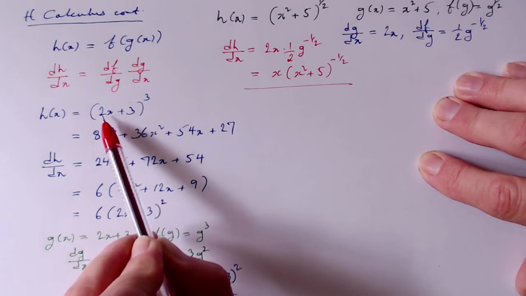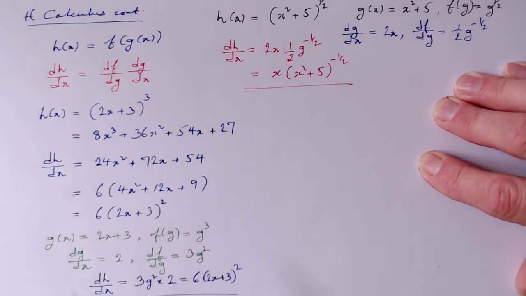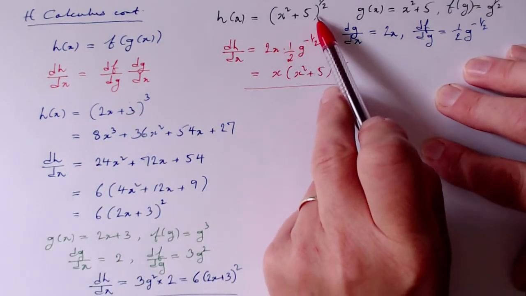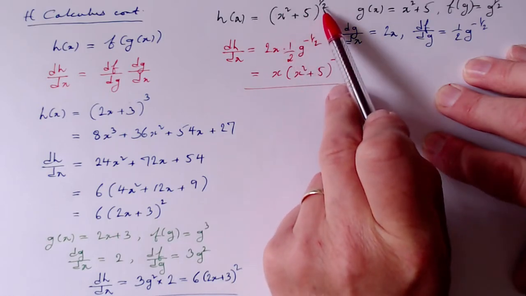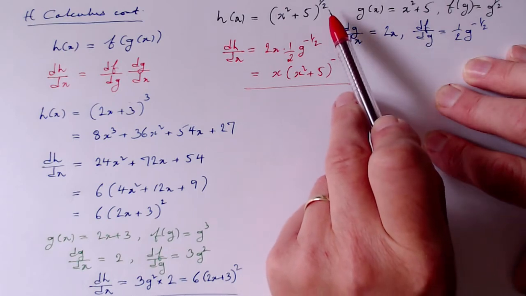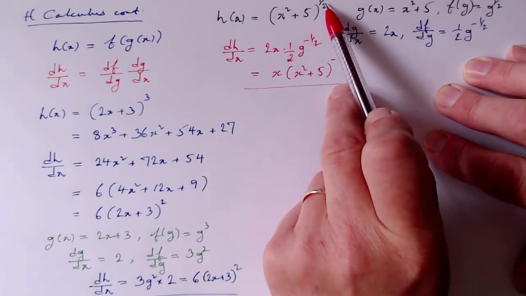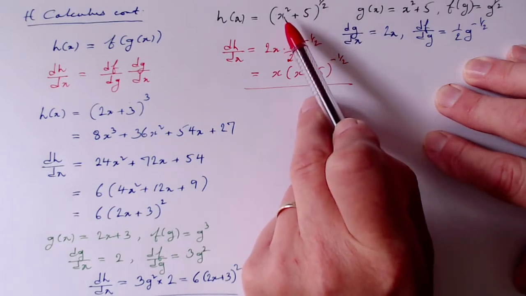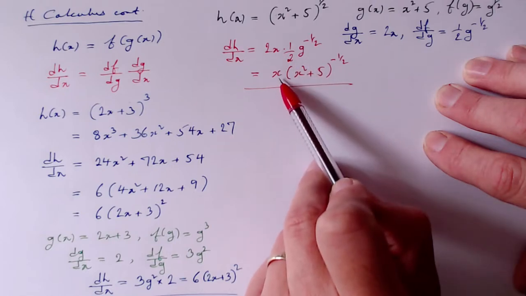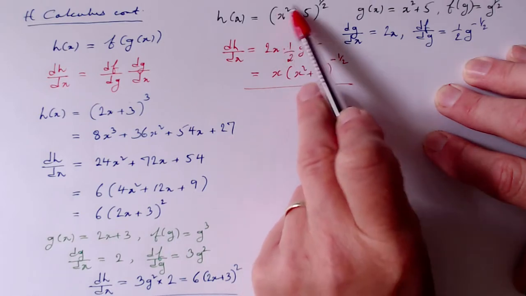Here we would just get 2. So you can very quickly see we're going to get 6 times this thing squared, which is indeed the answer. Here, for example, we have something inside raised to the power of 1/2. So we would bring the 1/2 down, have this thing to the negative 1/2, and then differentiate inside to get 2x. That 2 cancels the 1/2, and we have x that comes from differentiating this, times this object to the negative 1/2.